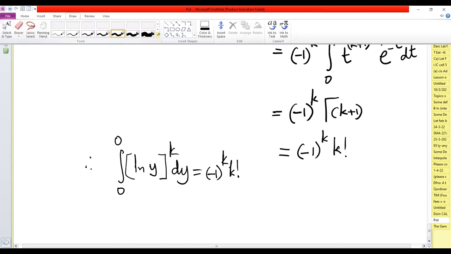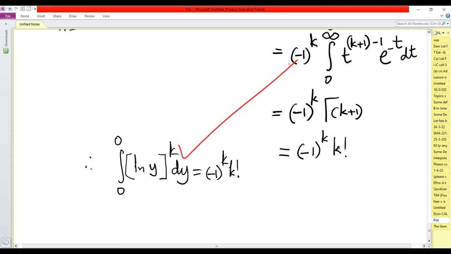So this is the proof of that given equation. Remember, at this point, we have just used the fact that gamma of x plus 1 is given by x factorial. So this is the property that we have used to move from this point to this point here.